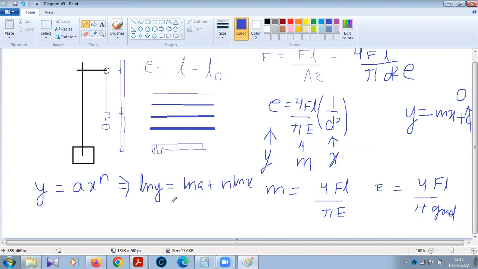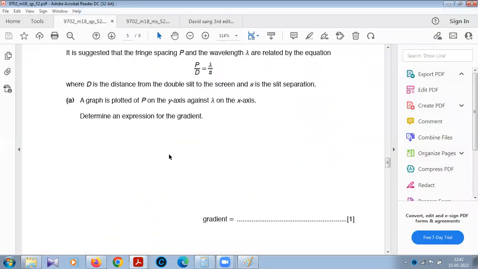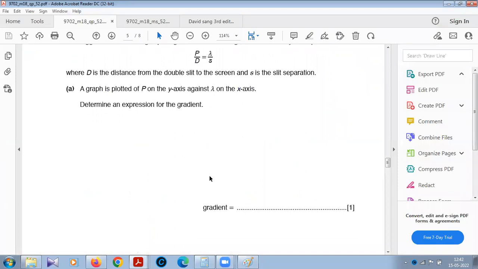Now you can compare this with y equal to mx plus c. Here ln x you can take as x, so n will be the gradient m, and ln a will be the intercept. You may have to do it like this in some questions, but this question is simple, so you don't have to go into that.